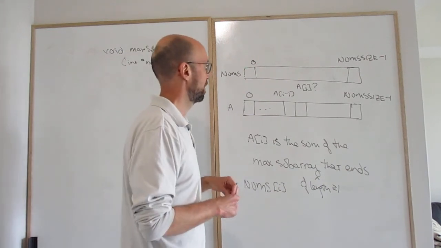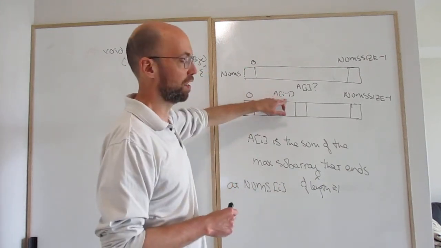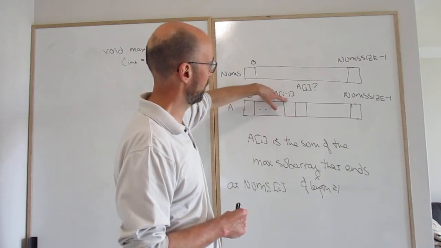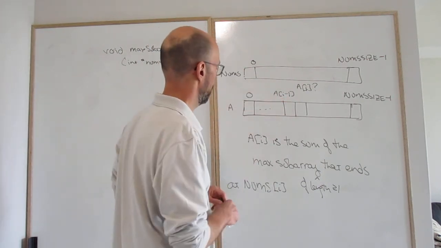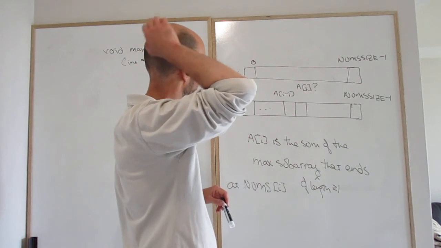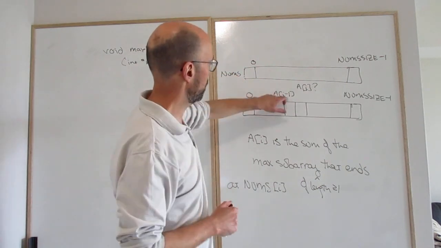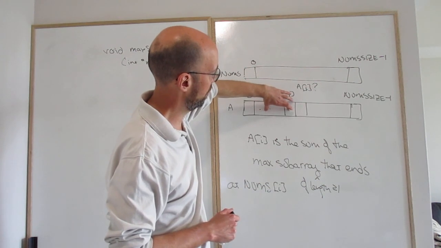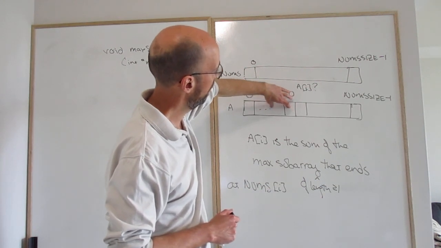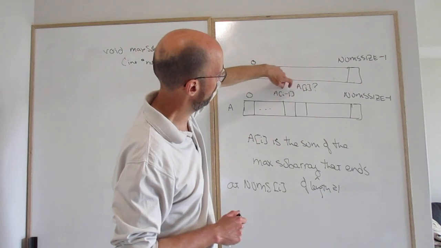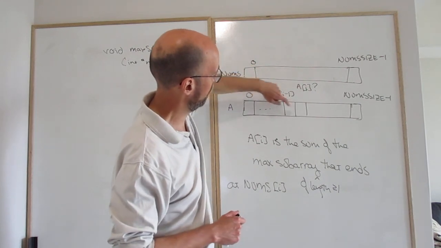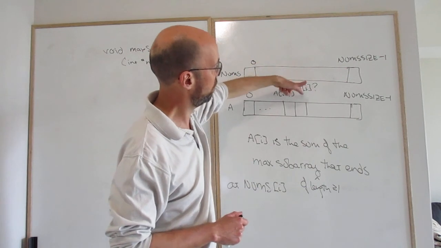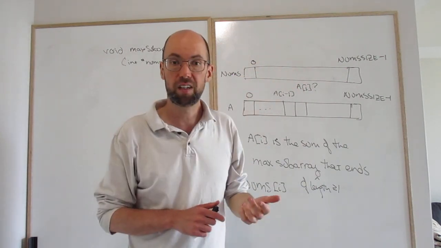Actually, you don't need a list of the values because it's a continuous range. So if it stores the starting point of the max sum subarray that ends here: if this is positive, this takes its starting point, and if this is 0 or negative, this says its starting point is I.